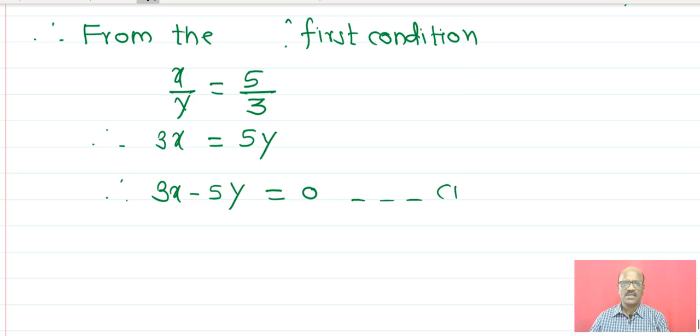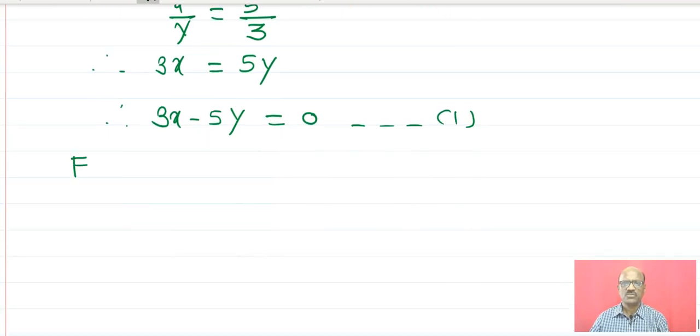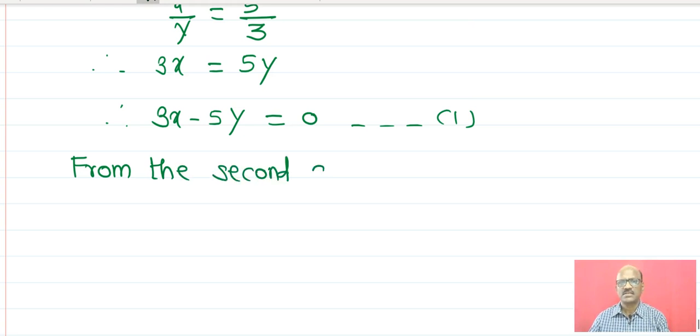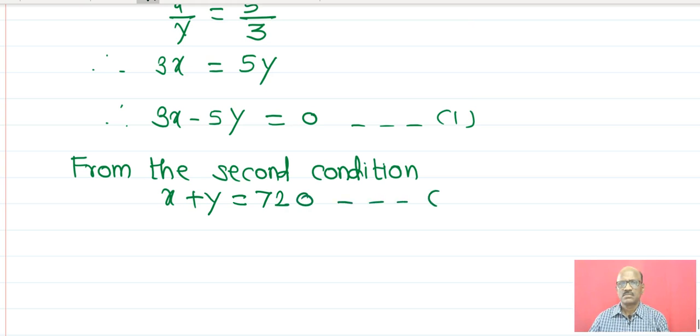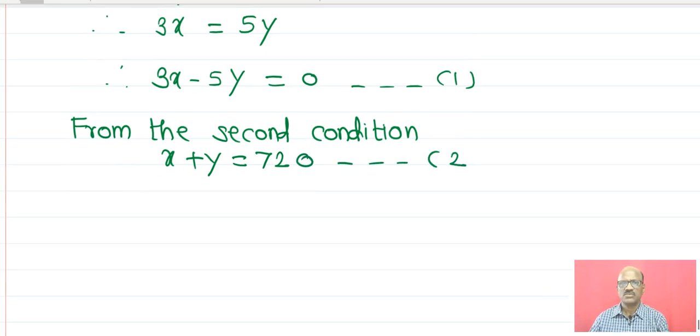Therefore 3x minus 5y is equal to 0. This is equation number 1. And from the second condition, x plus y is equal to 720.